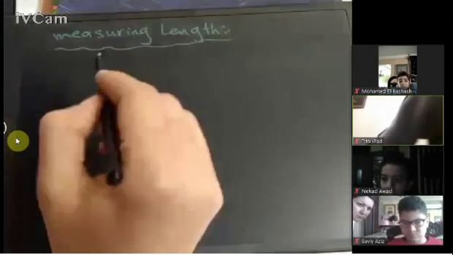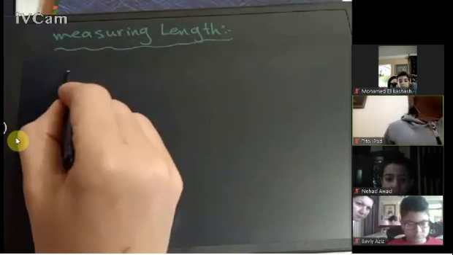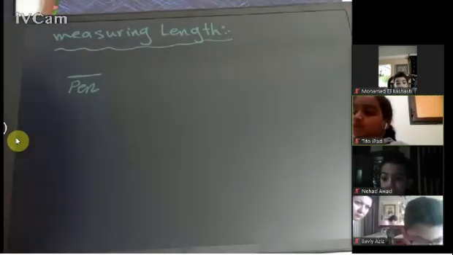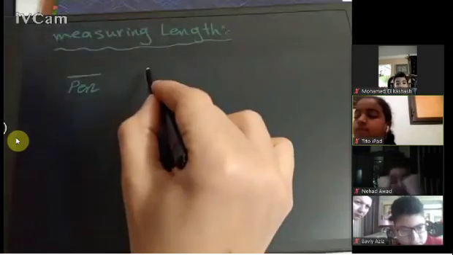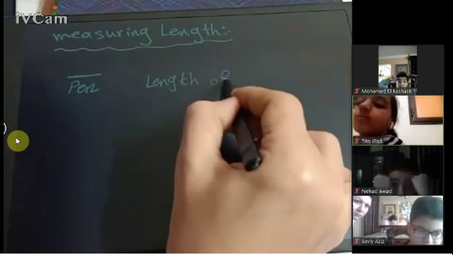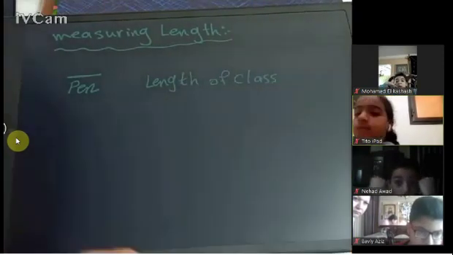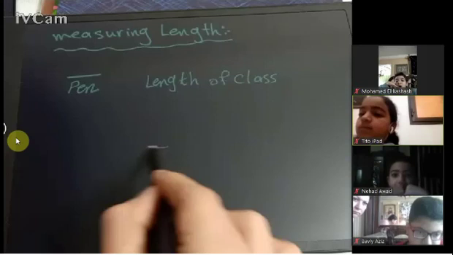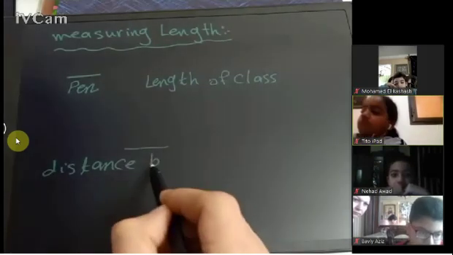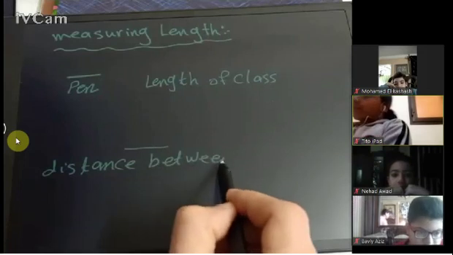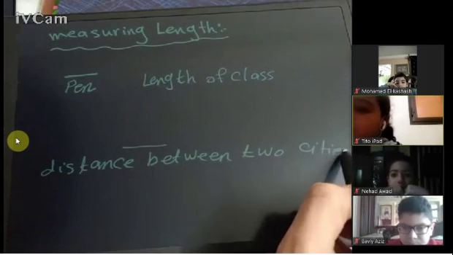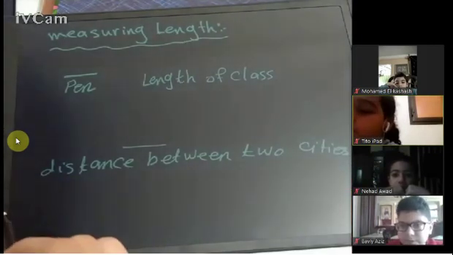When we want to measure something small like a pen, or when we want to measure the length of the class, or when we want to measure the distance between two cities, will we use the same unit of length?